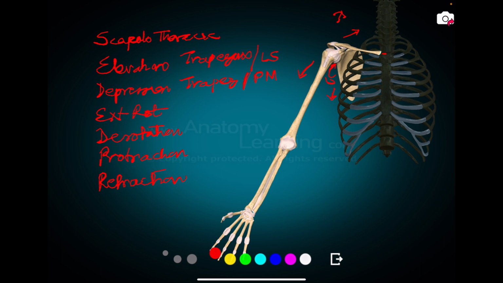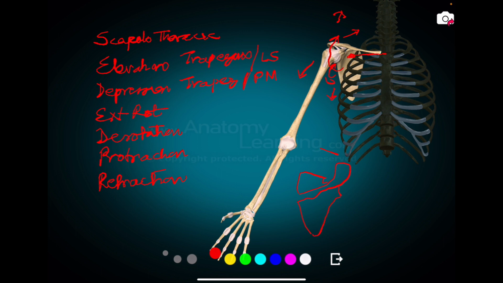The external rotators are around this axis, and this axis is passing like this. So the rotation of the scapula is like this. This is the scapula. Here is the glenoid cavity.